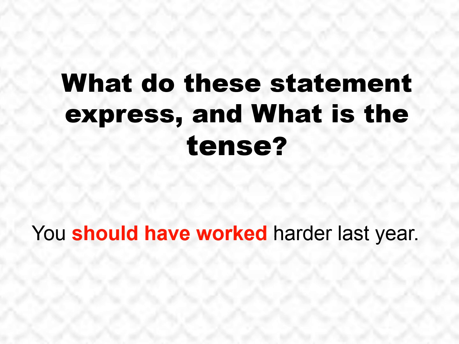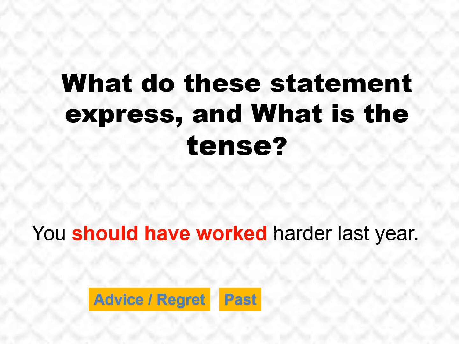It's like giving advice about the past when you say it to someone else, or regretting what you did or didn't do when you are talking about yourself. So it's kind of advice or regret, and of course it is in the past. Okay, so let's do the exercise.